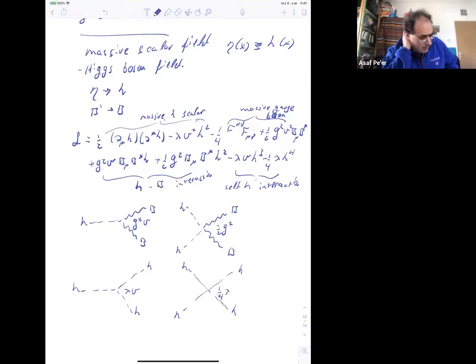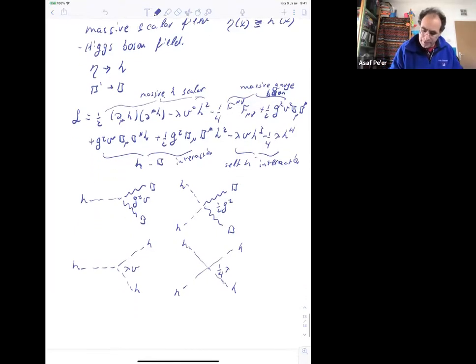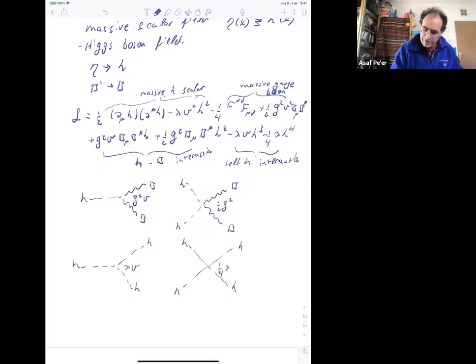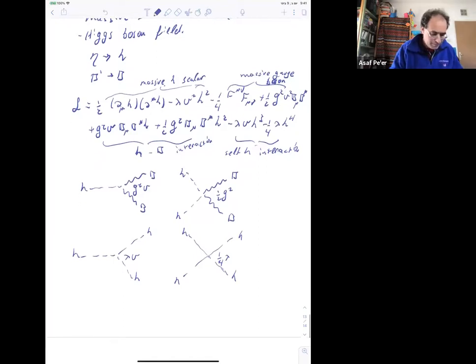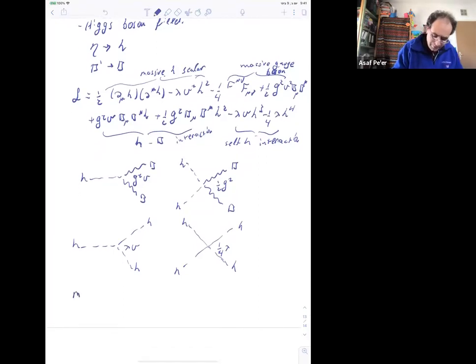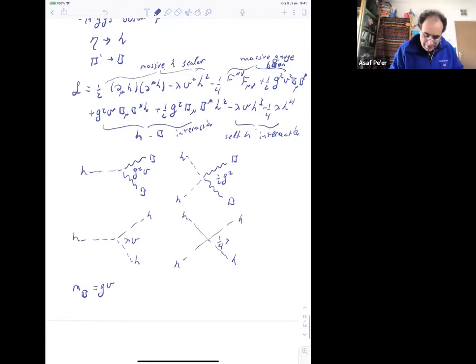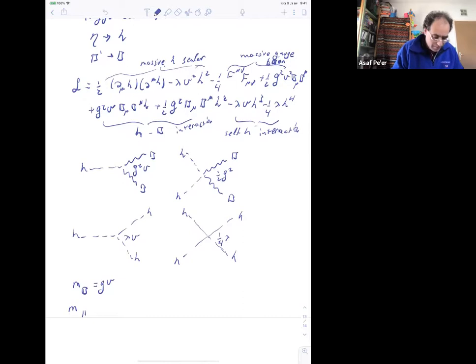Now the mass of the gauge boson, MB, what is that? Just GV. MB is just GV. This theory just relates to the strength of the gauge coupling and the vacuum expectation value of the Higgs field. We also have the mass of the Higgs field, M Higgs.